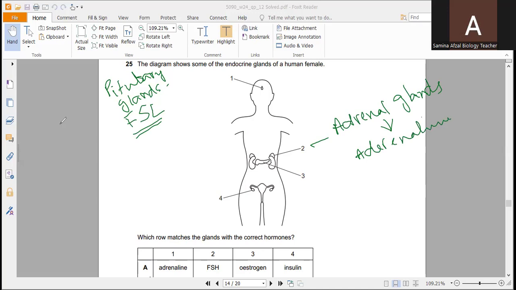And at 3, you can see the pancreas, which secretes insulin. And at 4 is the ovary, which secretes estrogen.